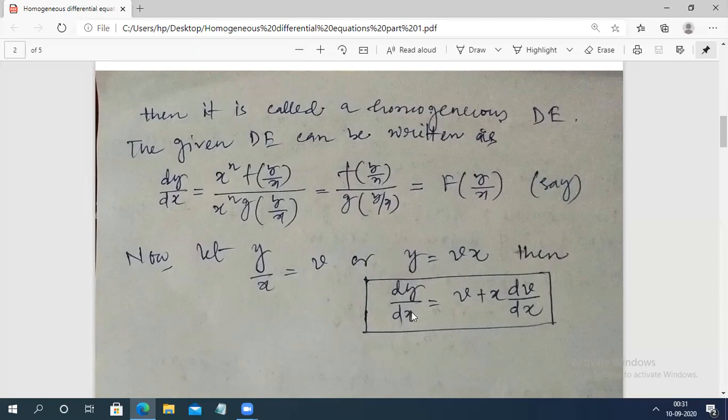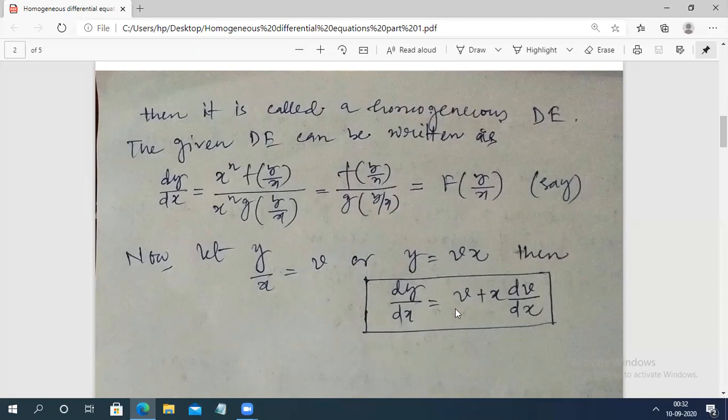Since both variables are in product form, this is the first function and this is the second function: first function into the differentiation of second, and when we differentiate x with respect to x it gives 1, so we are left with only v.